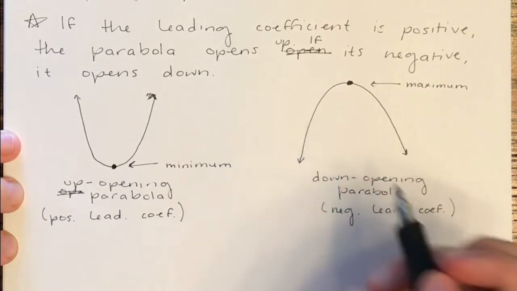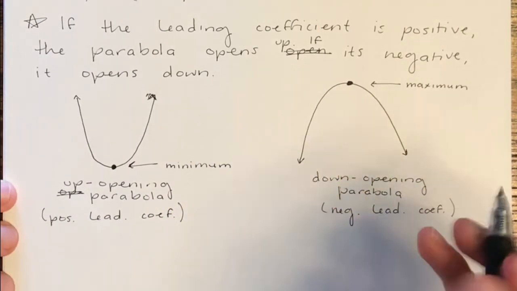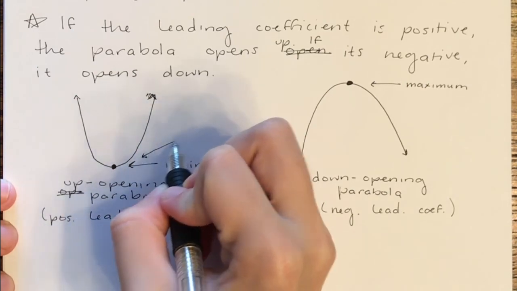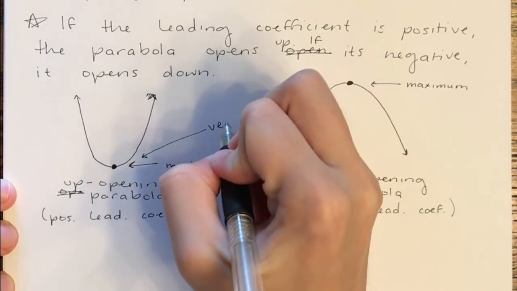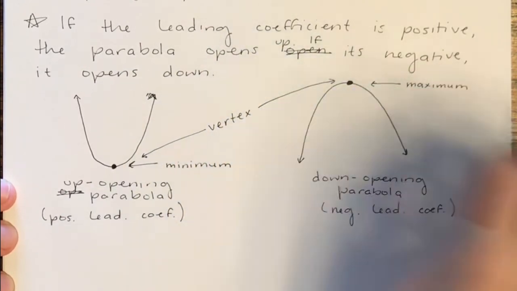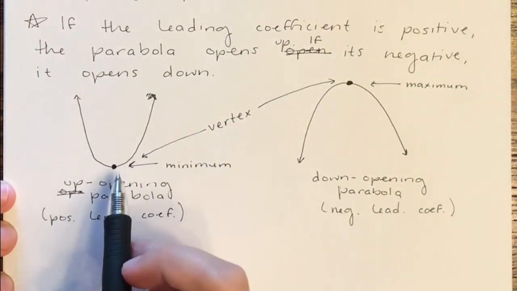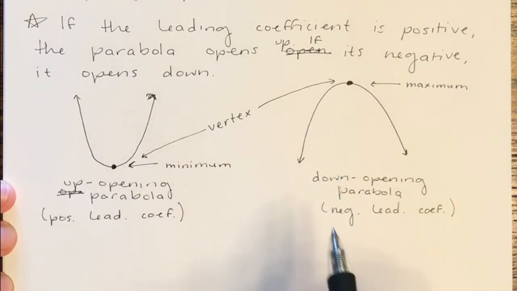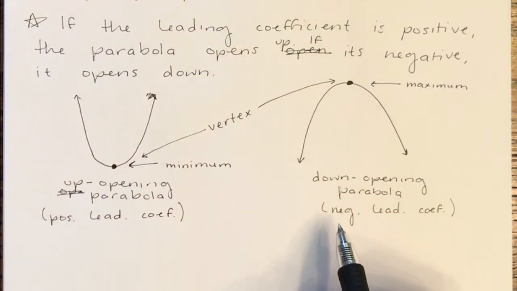This point looks very similar for both graphs. This point is very special for this type of graph. It's called the vertex of the parabola. So it's the minimum of an up opening parabola or the maximum of a down opening parabola.